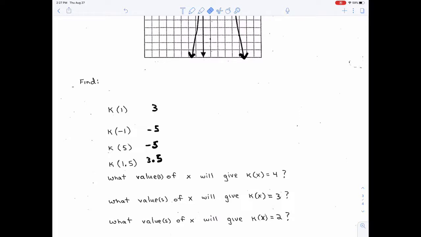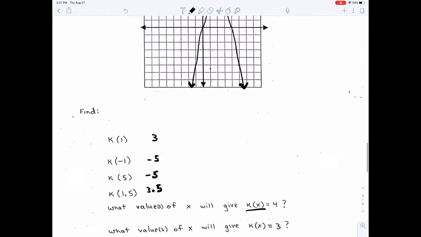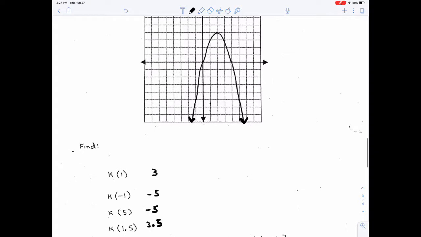So what am I asking here? I'm asking for the opposite. Before, I was giving you x and saying, tell me y. Now it says, tell me x when y equals 4. So what value of x will give a y value equal to 4? I'm going to go back to the graph and go up to the y value of 4.